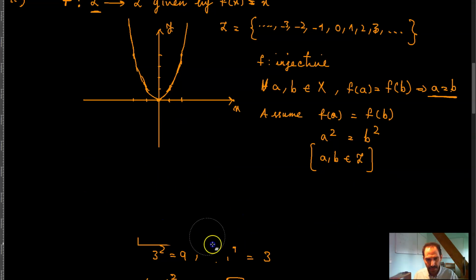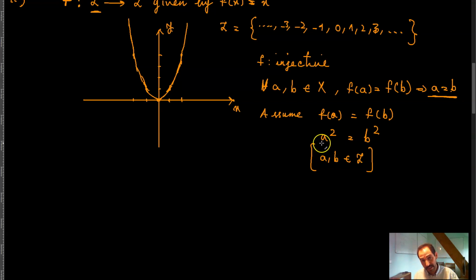Now, in this situation, what we have is a squared is equal to b squared, right? So that means that if I take the square root of a squared, it's going to give me plus or minus a, because a could have been negative here, it could have been positive here, because I'm simply working with the set of integers.